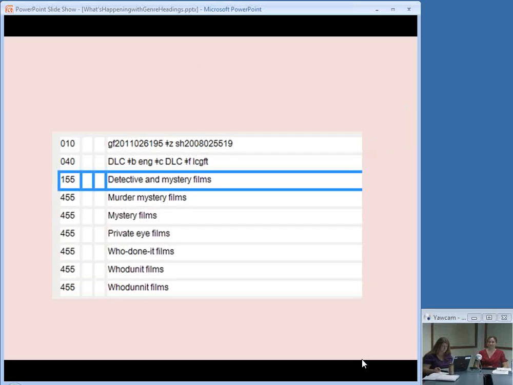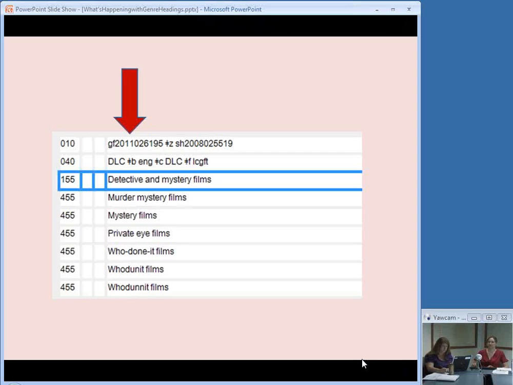And so now we have these new authority records. If you search, for example, in OCLC Connexion, this is a screenshot from that program, you will find the genre headings, and they can be determined by the 155 field instead of a 150 field for a topical subject heading. The big thing you'll notice is that the control numbers have changed.